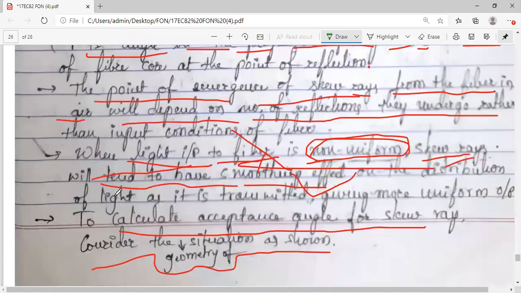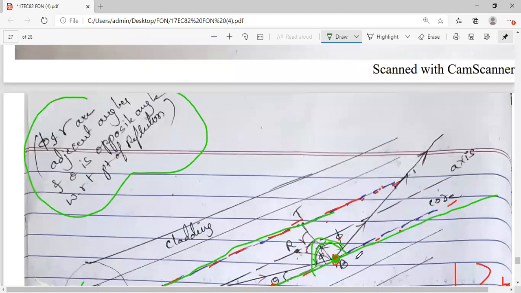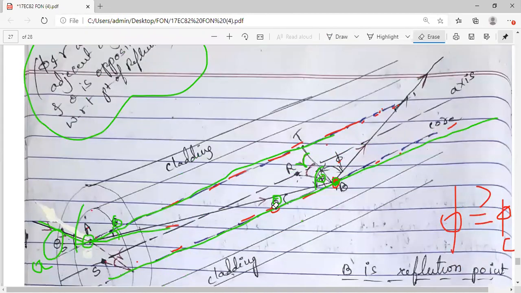This is very important to remember. If you see at point B, angle phi, this gamma and theta, all are within the same plane. Whatever I'm talking about.